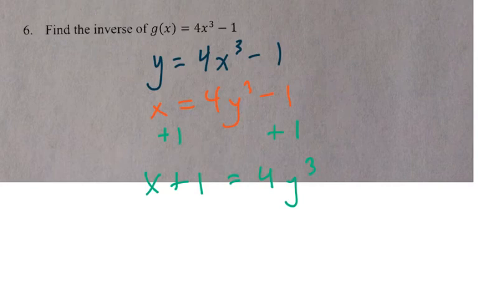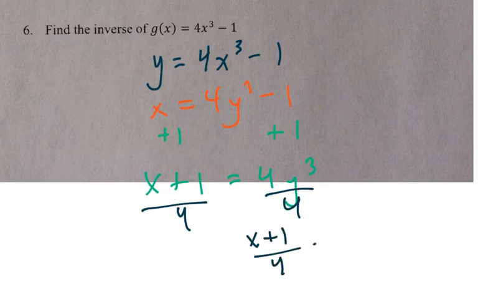Then we're going to end up dividing both sides by 4. So we get x plus 1 divided by 4 equals y to the third.